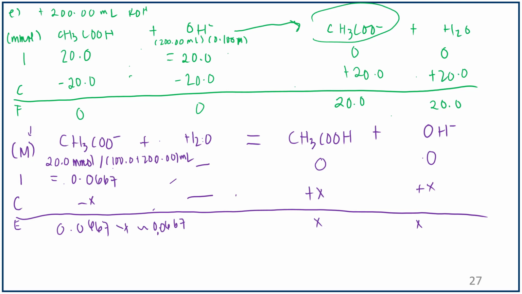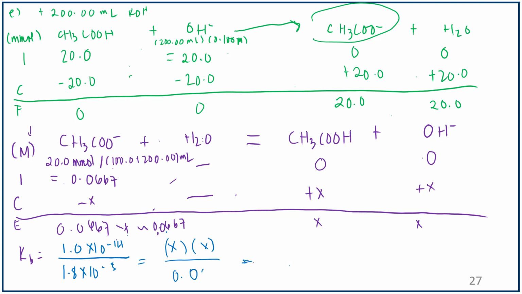So for the Kb, we're not given the Ka or the Kb of acetate ions, but we're given the Ka of acetic acid. So we can calculate from there what the Kb is. That should be 1.0 times 10 to the negative 14 divided by 1.8 times 10 to the negative 5, which should be equal to the equilibrium expression, X times X divided by 0.0667.